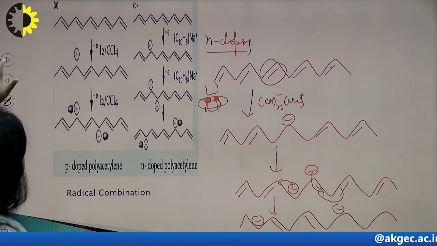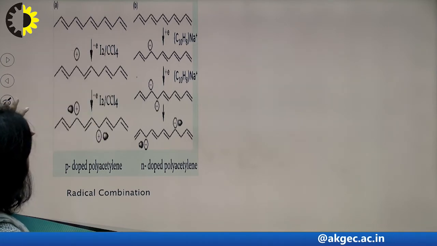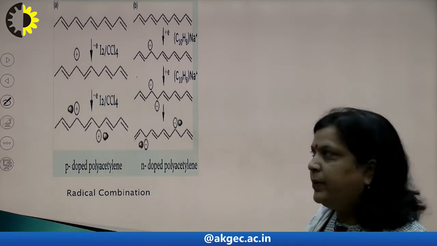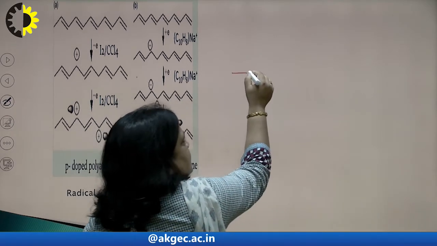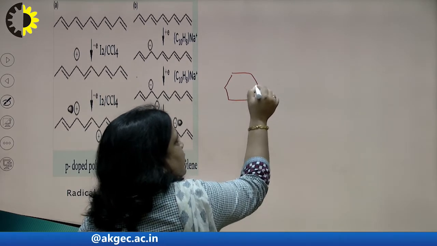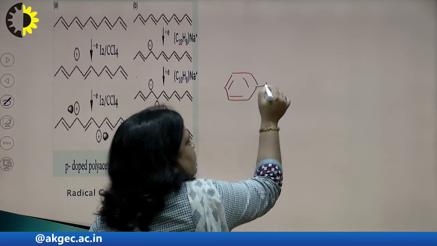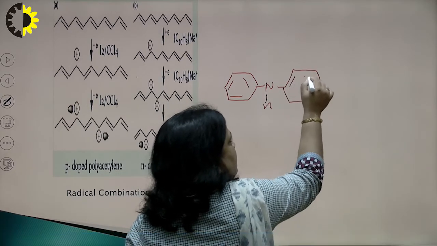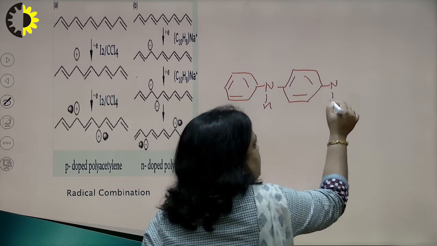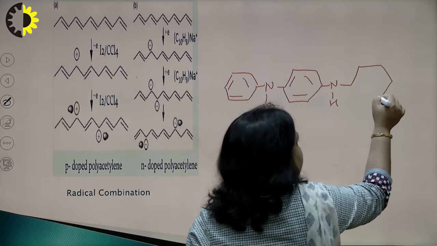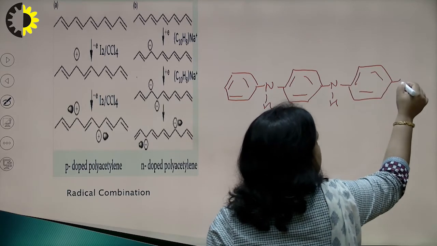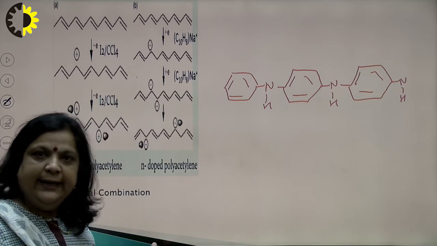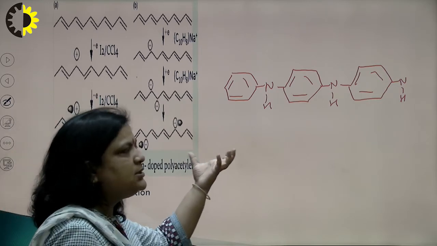While in case of polyaniline, we say protonic doping, and polyaniline is this. Let us draw this, which is also termed a synthetic metal. I draw the 3 rings like this. This is simple polyaniline, but the conductivity is not sufficient.